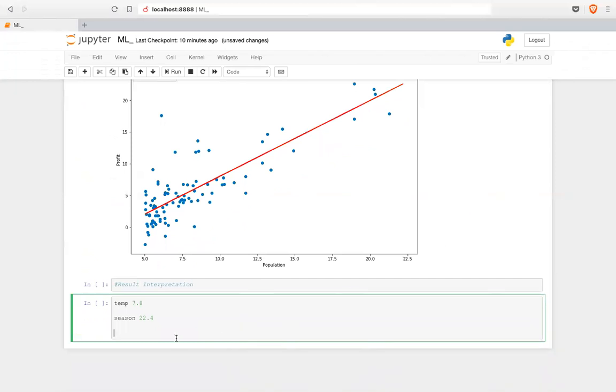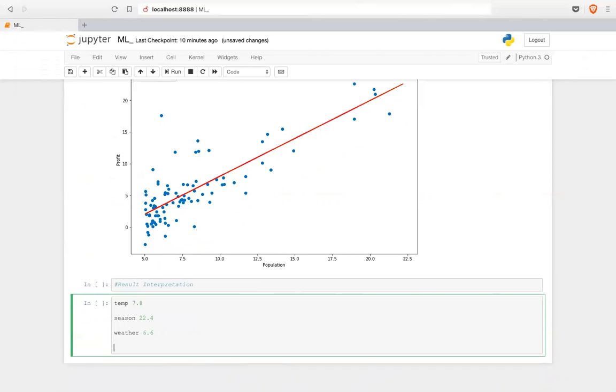What is the weight of each of these? What is the target? Target is to predict the number of bikes, correct? What are the independent variables? You have temperature, season, weather, humidity, and next to them are the values of the weights.